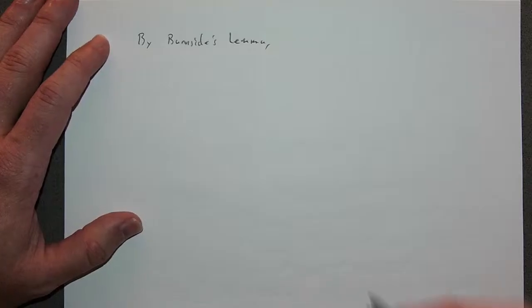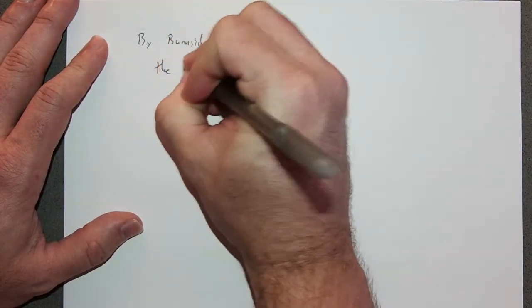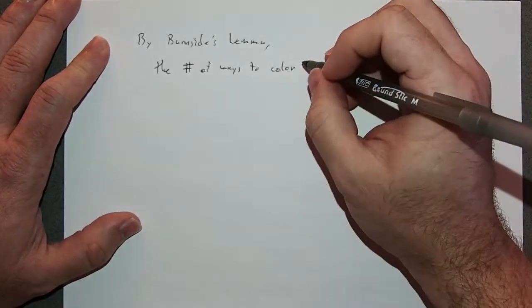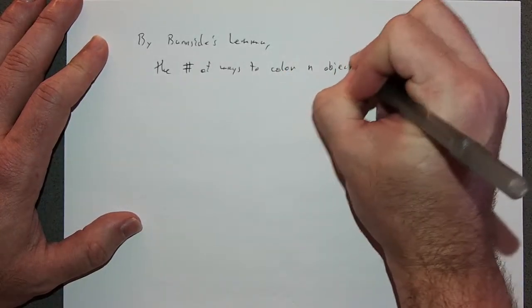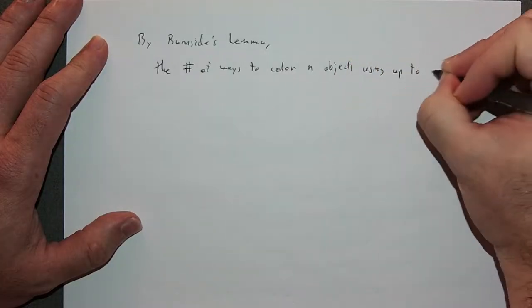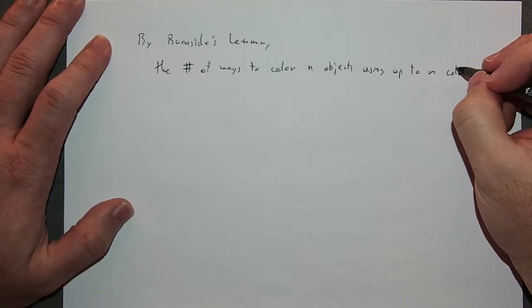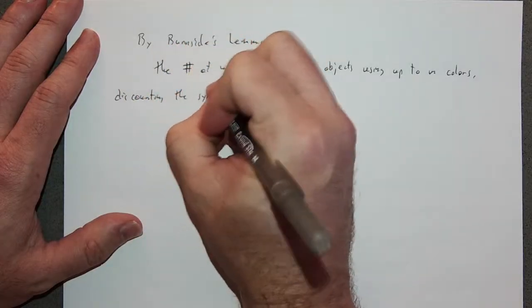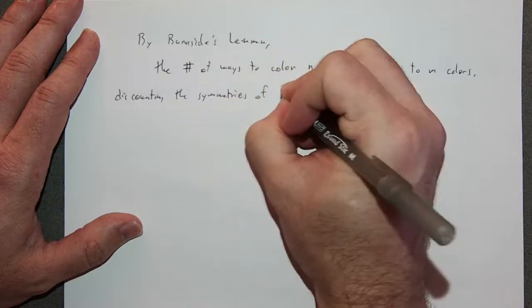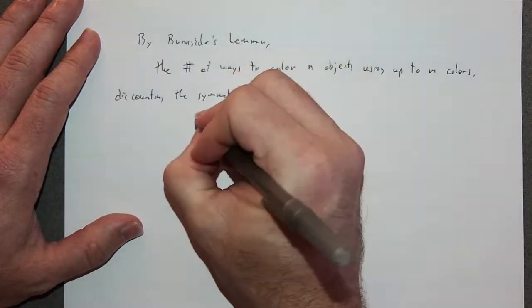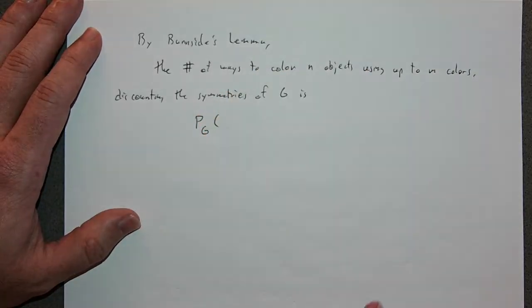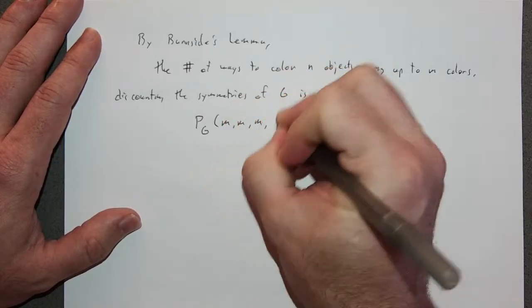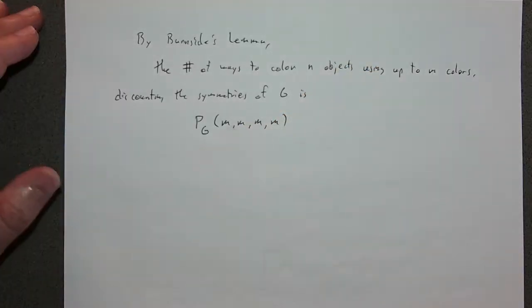By Burnside's lemma, the number of ways to color n objects using up to m colors, discounting the symmetries of G, is the cycle index with m plugged in all slots. This is in the case of D sub 4.